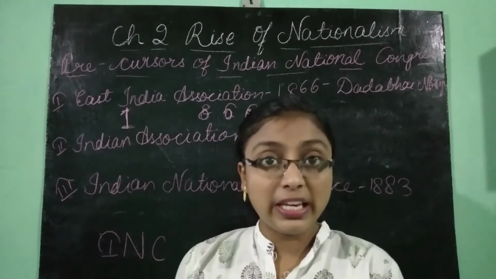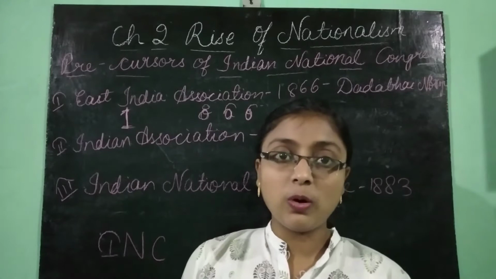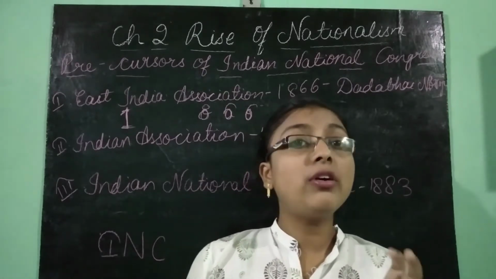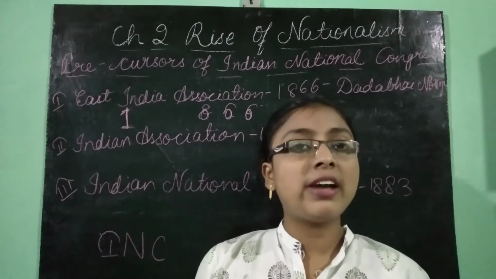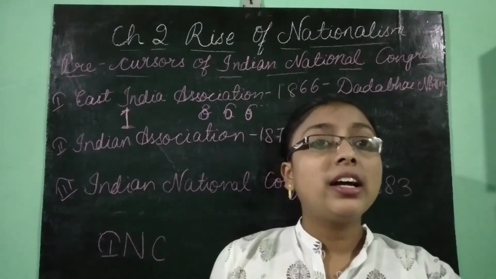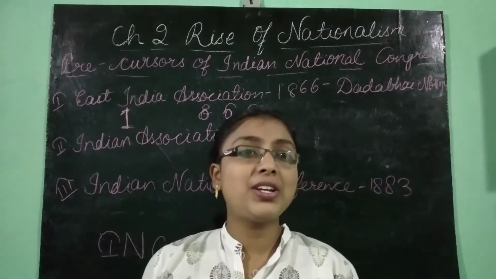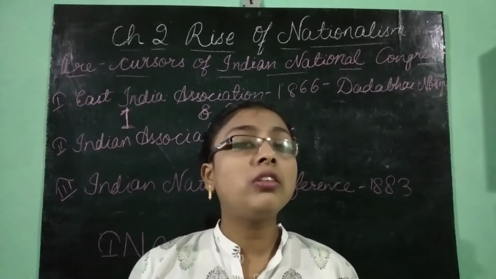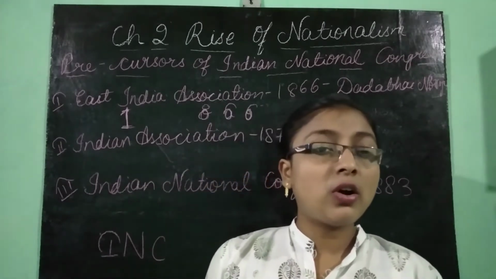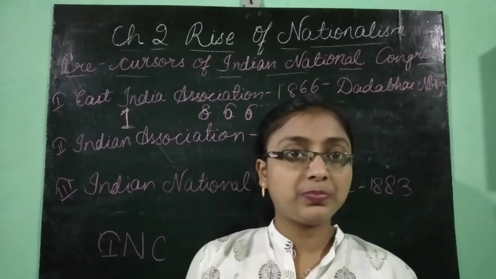It was his belief. So therefore he presented the actual grievances of Indian society in front of the British, and he also suggested remedial measures, that is solutions for these problems on which the British have to act.